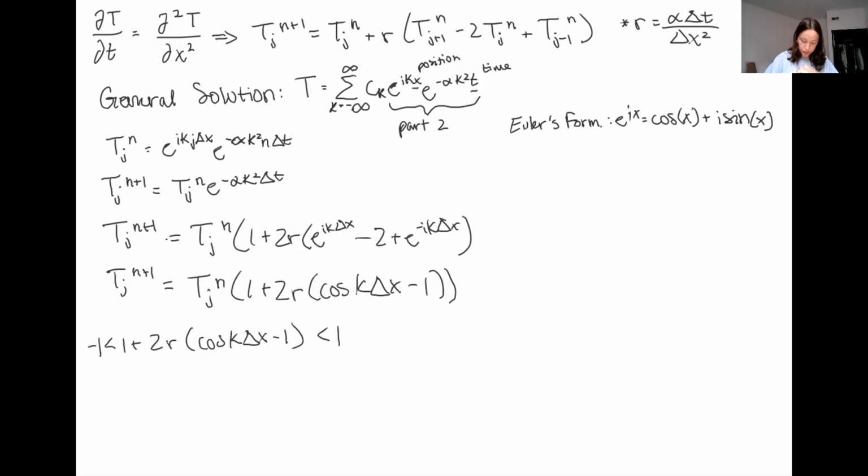Okay. And then if we subtract 1, we can do this. So it would be 2R cosine k delta X minus 1 less than 0. And then we can divide by 2.